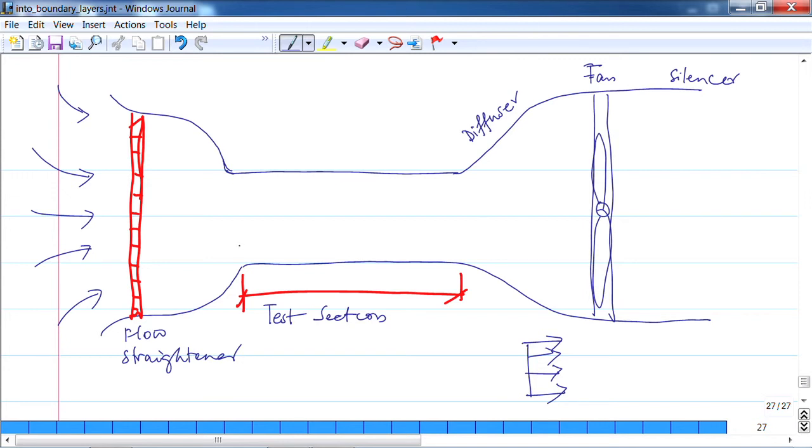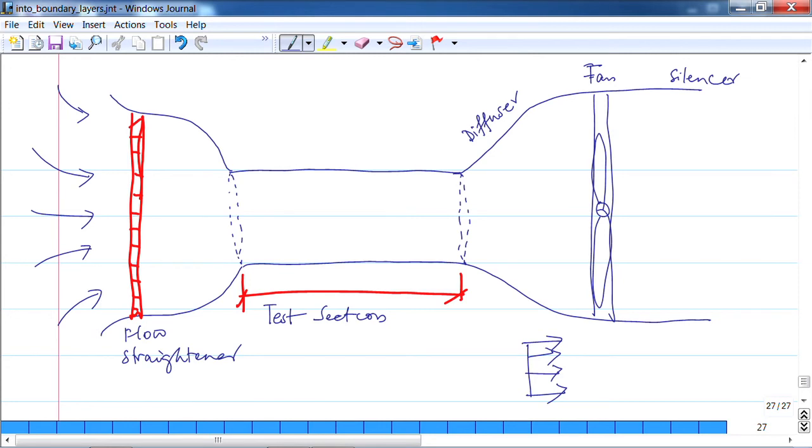Let us say this bit is A and B. So, A is the inlet to the test section, and this is the outlet.